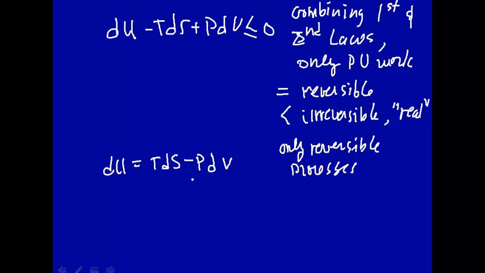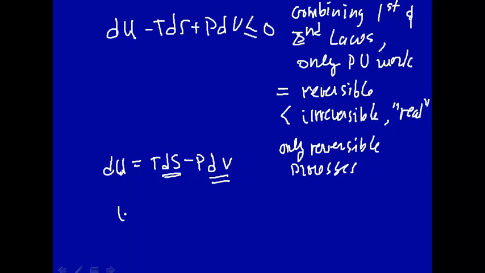Now let's look at this equation. This says that U is affected by changes in entropy and also by changes in volume. We're doing only PV work. So those are the two variables that change internal energy. You take that change in entropy and multiply by temperature, and then subtract off the change in volume times pressure, and then you get the change in internal energy.